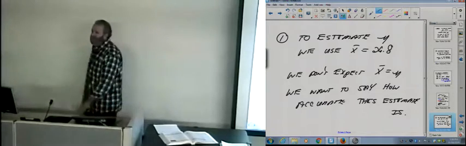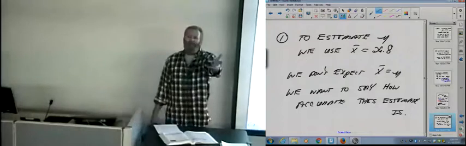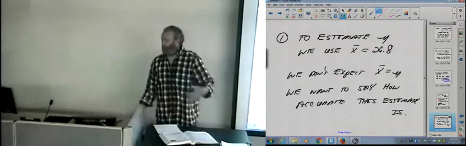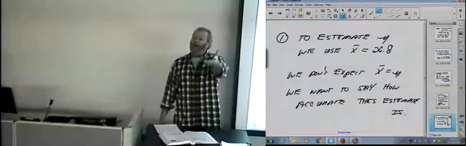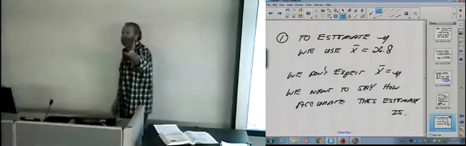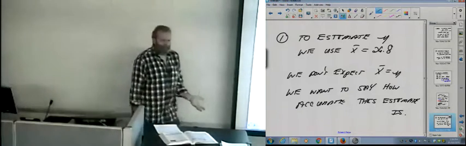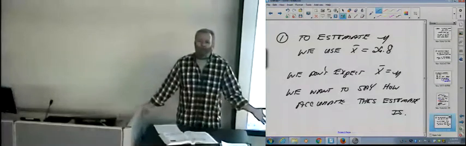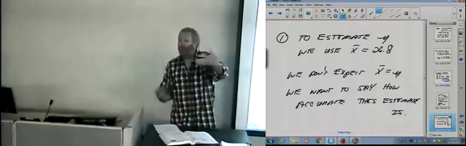Look, here's the deal. We could just say, look, we got a simple random sample of 654. What could you tell me? Well, we would expect mu to be somewhere around 26.8. The law of large numbers says the larger your sample, the closer x bar gets to mu. That would just be a point estimate, just using your statistic to estimate and be done with it.